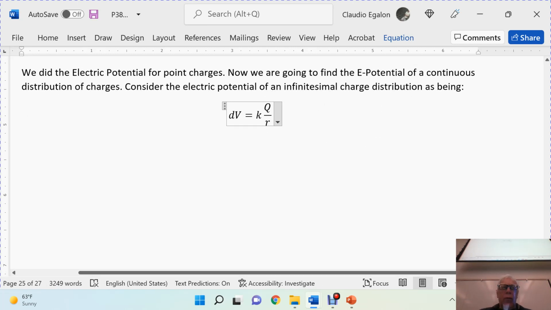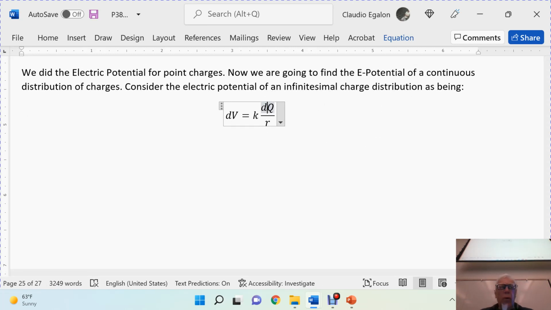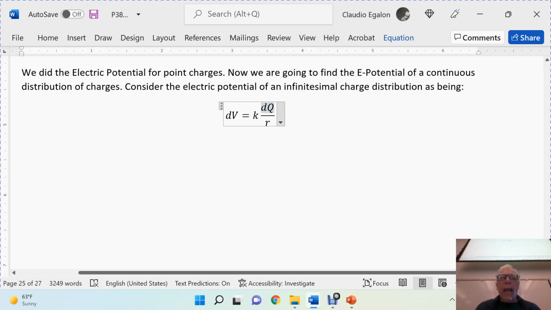The electric potential of an infinitesimal charge distribution is going to be the electric potential of a point charge, and the dq is the infinitesimal charge distribution. And then we have to add the contribution of every infinitesimal charge distribution in the continuous distribution of charges. That's what you have to do.